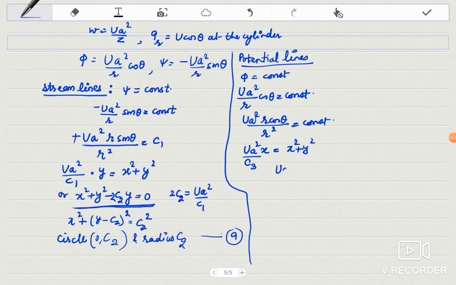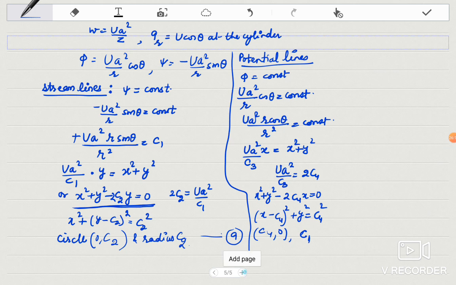Then take u a square upon C3 to be twice C4. You will get x square plus y square minus twice C4 x equal to 0, which is representing another circle, x minus C4 whole square plus y square is equal to C4 square. So it is a circle with center C4, 0 and radius C4. So these are potential lines and these are streamlines.